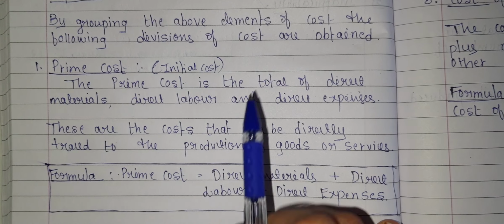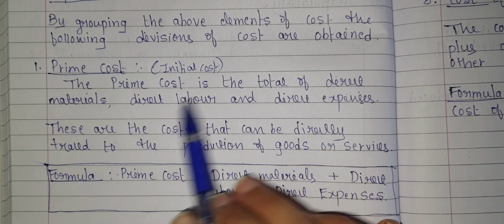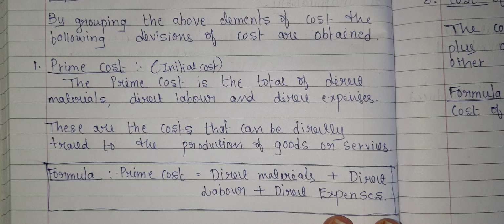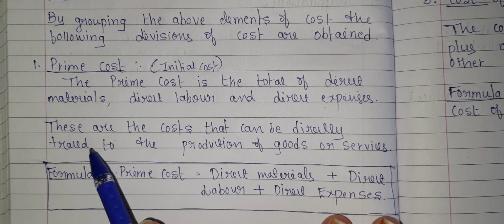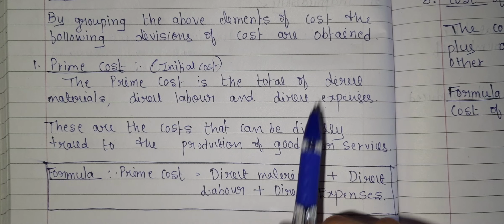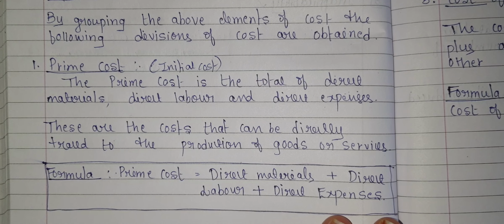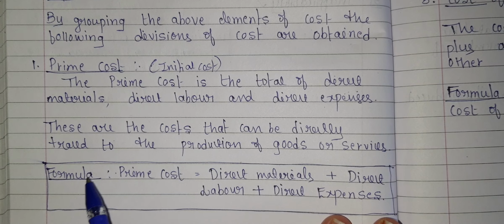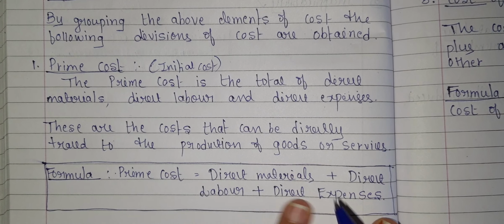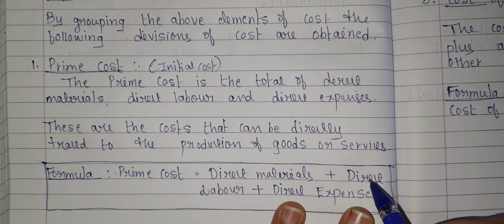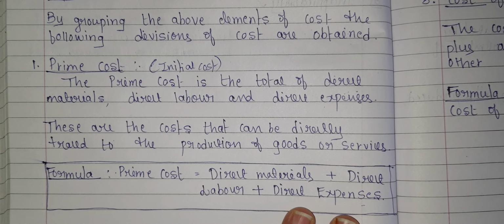Here, the prime cost is the total of direct materials, direct labor and direct expenses. These are the costs that can be directly traced to the production of goods or services. Now we will see the formula of prime cost. Prime cost equals direct materials plus direct labor plus direct expenses.